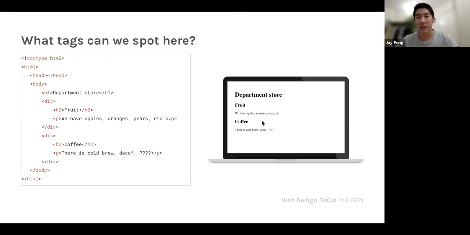So it makes sense that fruits and description will go together, and coffee and the different types of coffee you have will go together. And that's exactly what we're doing right here with this div tag. We take H2 and P and we put it inside these two div tags right here. And we take this coffee and this P and we put that inside these two div tags as well.